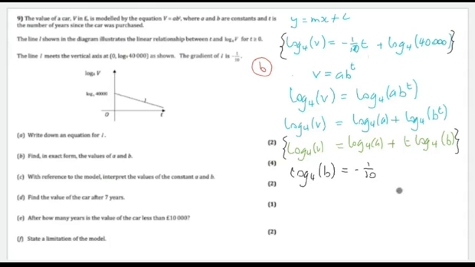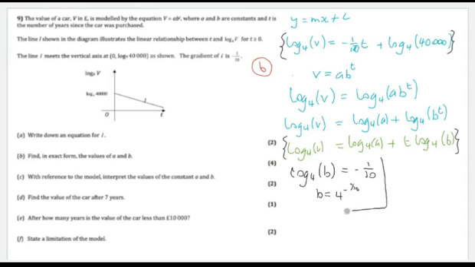Therefore, the minus a tenth and the log to the base 4 of B must be equal. And then from here, we can work out the value of B. Do you know how to do that using logs? So B would be the negative 1 over 10 would be the power. So you do 4 to the power of negative 1 over 10. Very good. So B equals 4 to the power of minus a tenth.